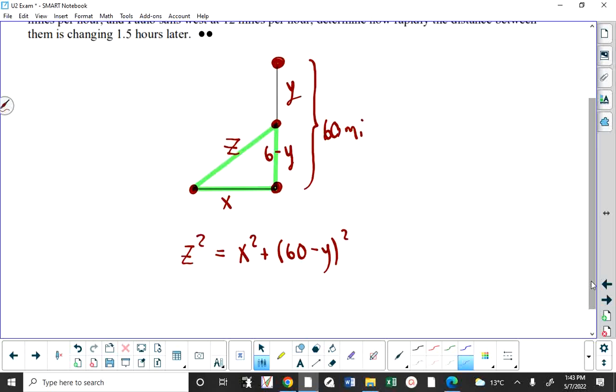And when we differentiate this, remember it's a related rates problem. We're differentiating with respect to time.